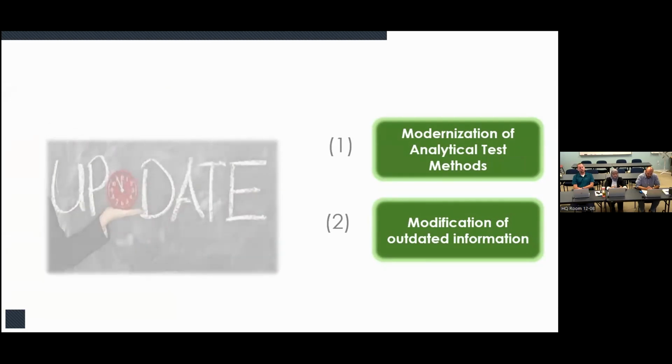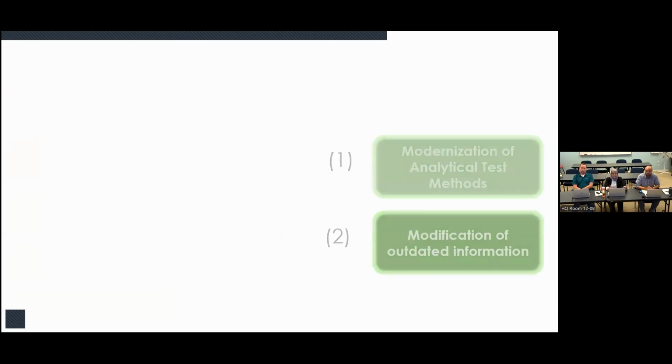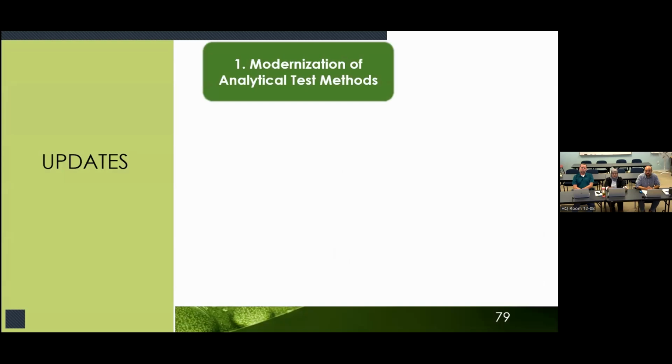So I will explain this set of updates in two ways. First set of updates are about the modernization of analytical test methods. And the second set of updates is about the modification of the information, which is either old or is outdated. Now, let's discuss these updates one by one.